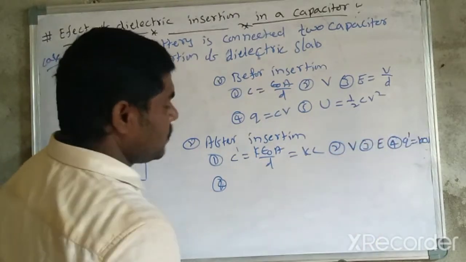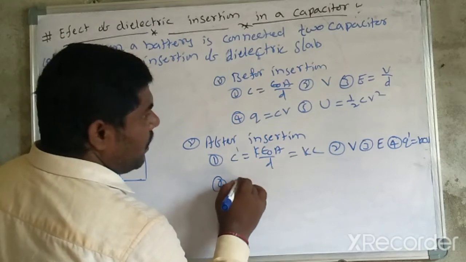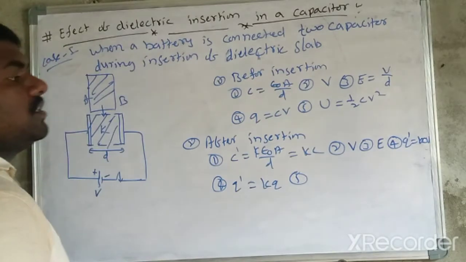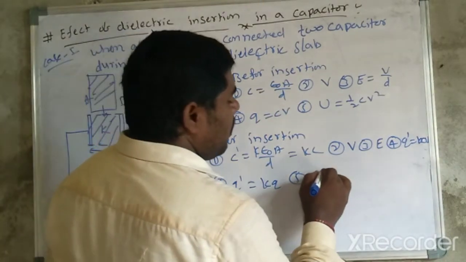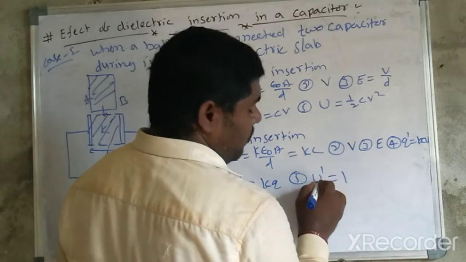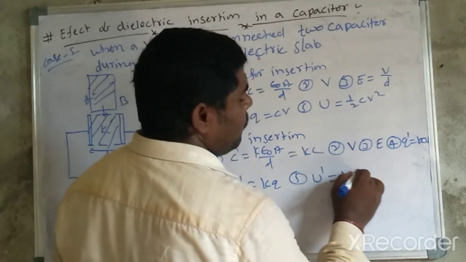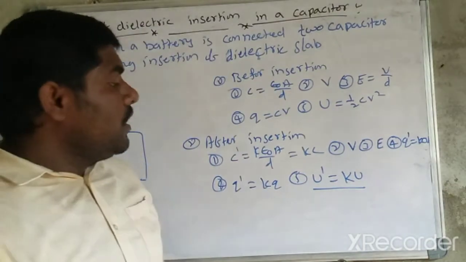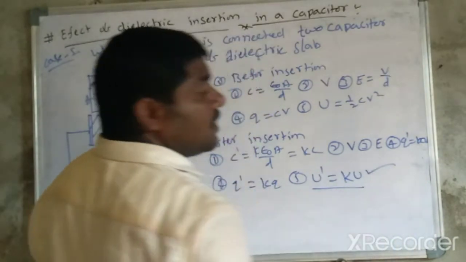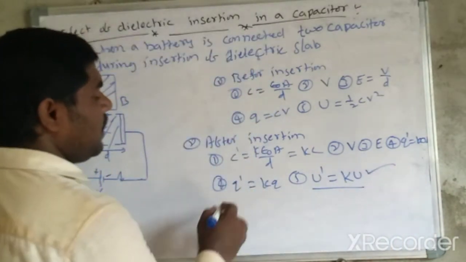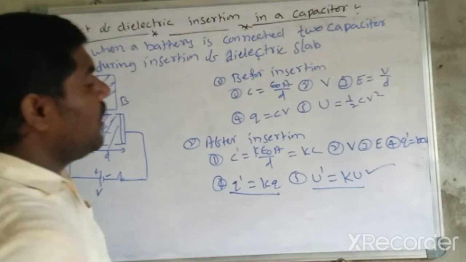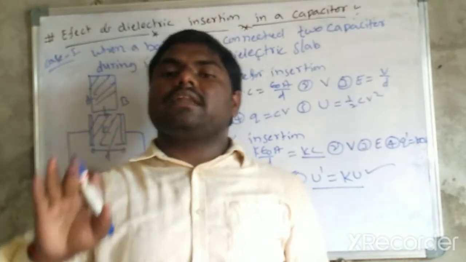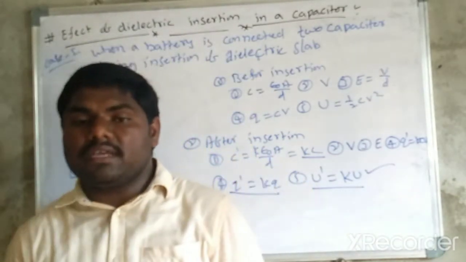So the Q dash is equal to K times of Q. In the fifth parameter, the capacitance is changing K times, that's why U dash is equal to K times of U. So whenever the battery is connected, the energy stored is also increased by K times, the charge is also increased by K times, and the capacitance is also increased by K times. The potential and electric field remain constant, remain the same.